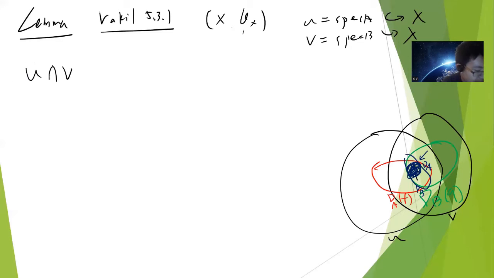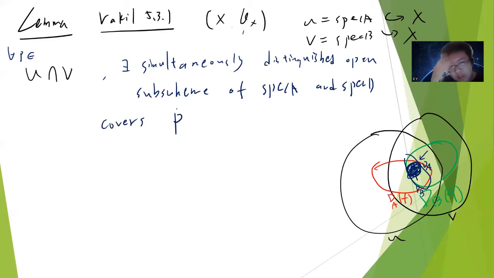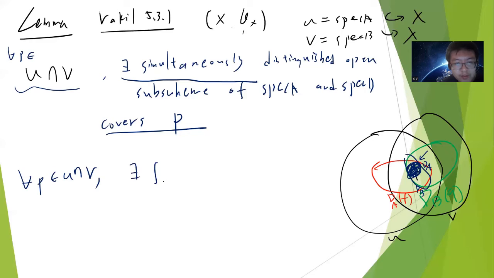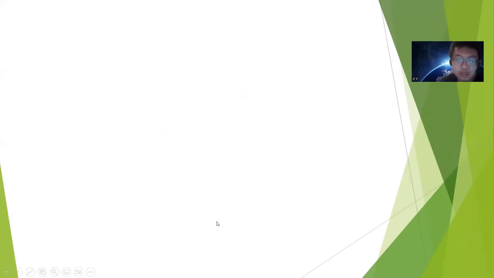So basically, what I'm saying is that for every P belonging to U intersection V, there is a simultaneously distinguished open subscheme of Spec A and Spec B which covers P. Simply speaking, for every P in U intersection V, you can find F in A and G in B such that P is covered by D of A of F, and the amazing thing is that D of A of F as a set is the same as D of B of G. So you can find one which simultaneously contains them.